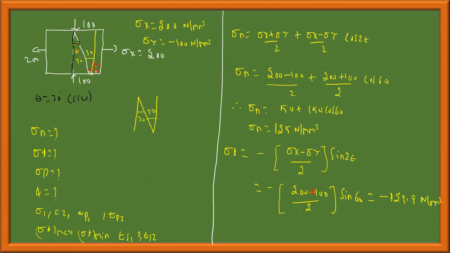Sigma T we got as minus 129.9 Newton per mm square.